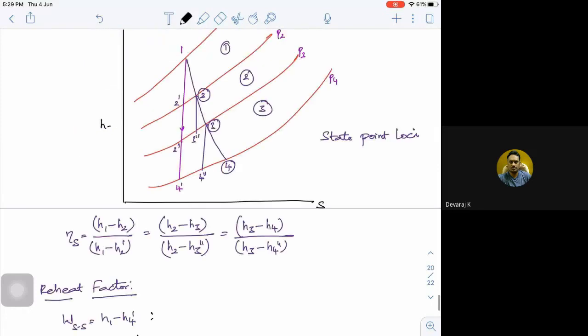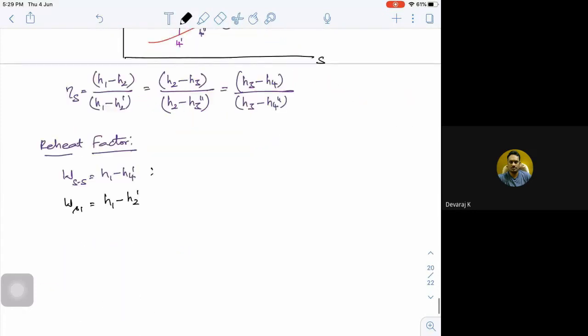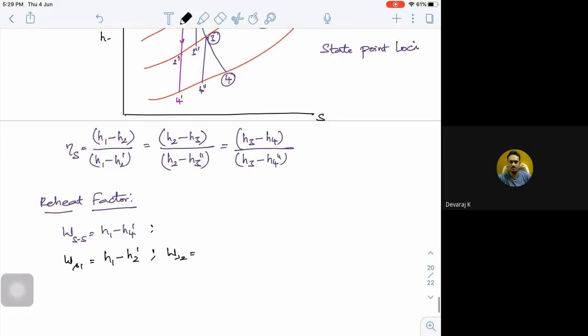H1 minus H2 dash. What will it be for the second stage, S2? It is H2 minus H3 double dash. And what is it for the third stage? It is H3 minus H4 double dash.